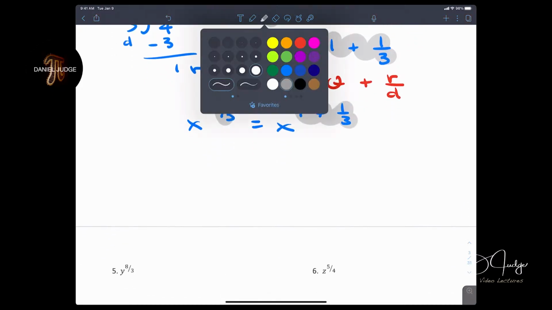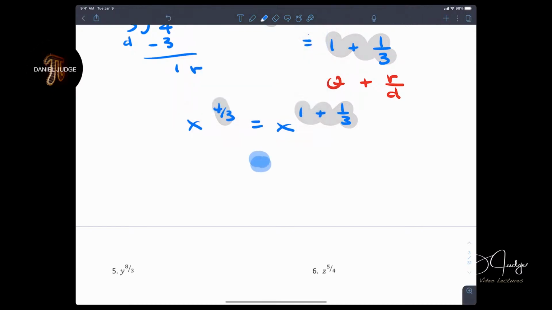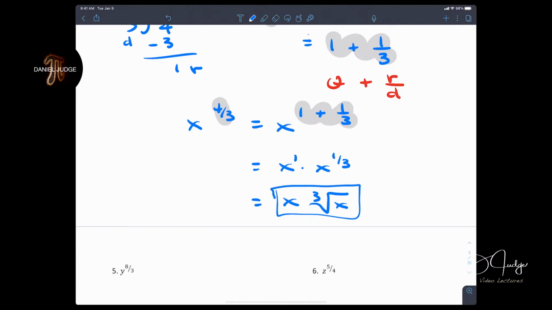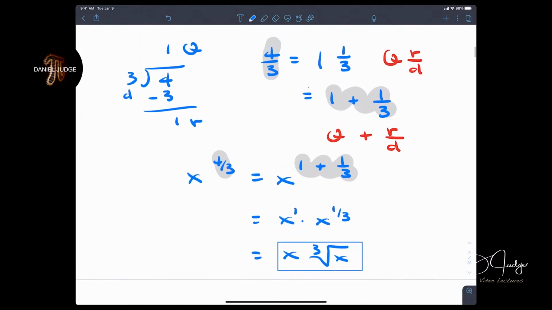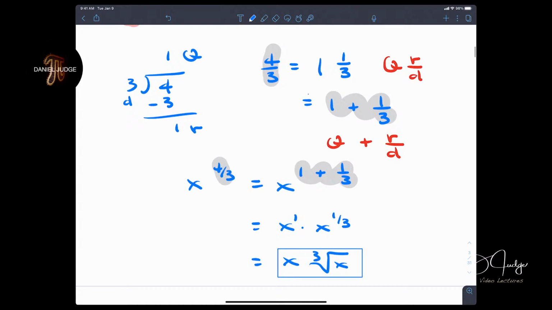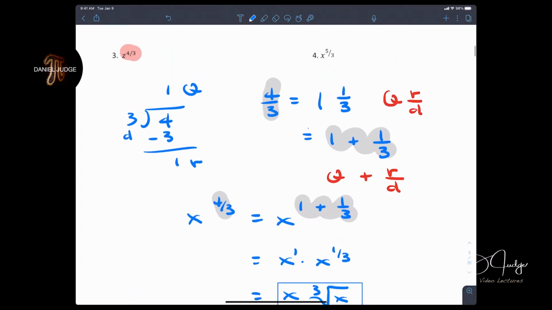That now means x to the first power times x to the 1/3 power, or simply x times the cube root of x. And there you go, ladies and gentlemen. You simplified the radical.